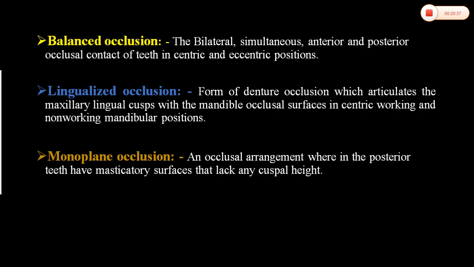If these teeth are used for setting the teeth, the occlusion developed with these teeth is known as monoplane occlusion. Monoplane occlusion is an occlusal arrangement wherein the posterior teeth have masticatory surfaces that lack any cuspal height. So no cusps are there, zero cusp. If you develop a posterior occlusion with teeth having zero cusp or no cusp, that is known as monoplane occlusion.